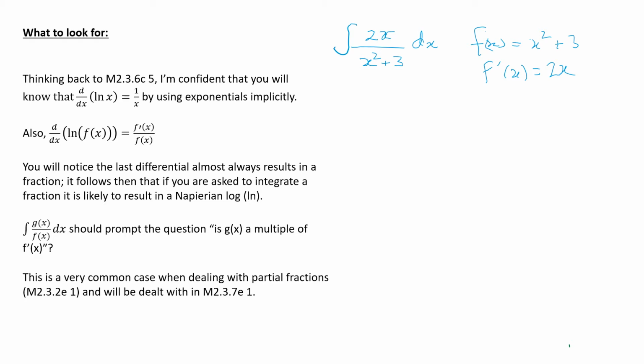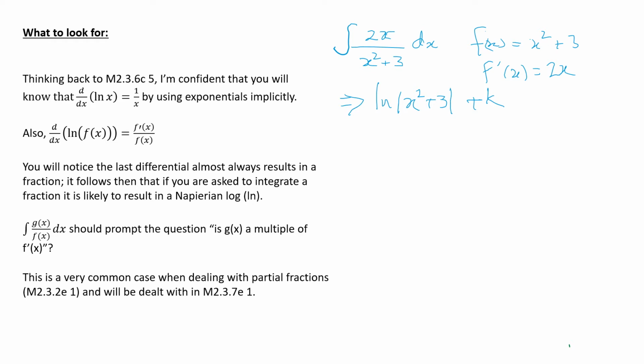Hence, the numerator of my fraction is the differential of the denominator, and therefore my answer is the Neperian log ln. Now you notice I've put modulus signs in, of x squared plus 3, plus some constant, because I didn't have any limits in it.